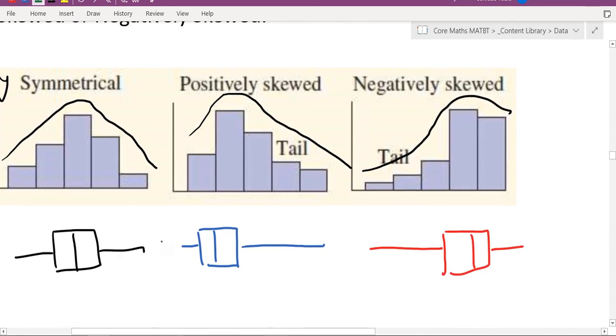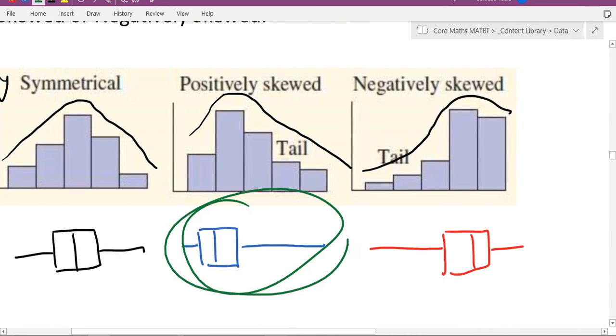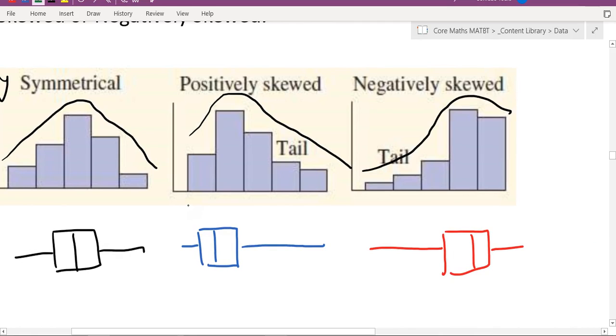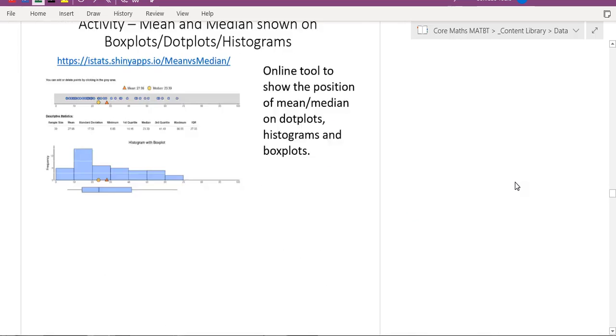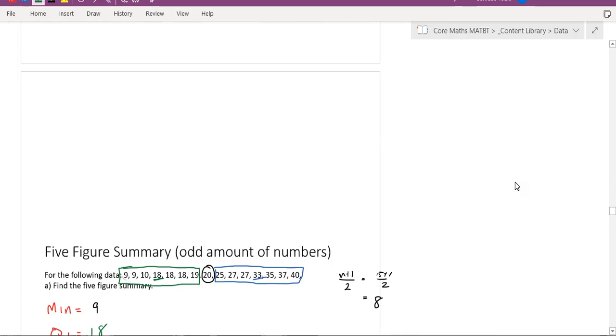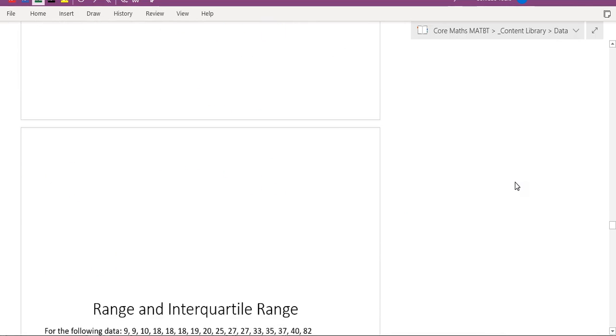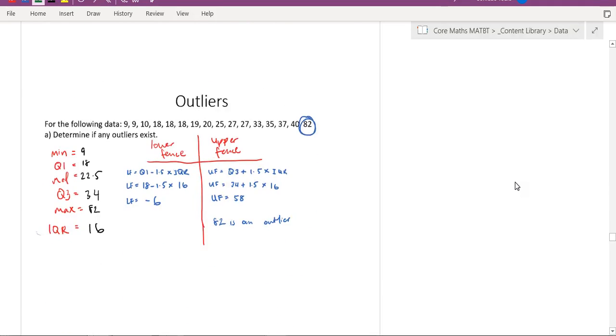For a positively skewed box plot, see that it's mostly on the left, so your data will look like this, then it goes down. If it's negatively skewed, then you'll see that your box plot is on the right. So it starts low, then it goes high like that. So going back to what we wrote just then, you can draw some little examples of what the shapes might look like if you want to. I'll draw that here for you too, and you can copy it.